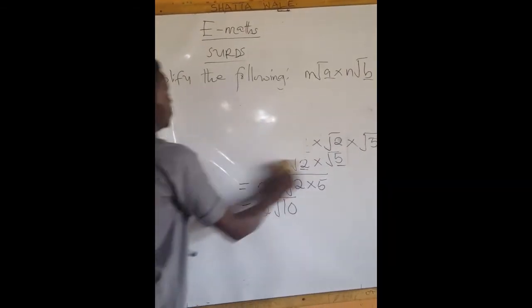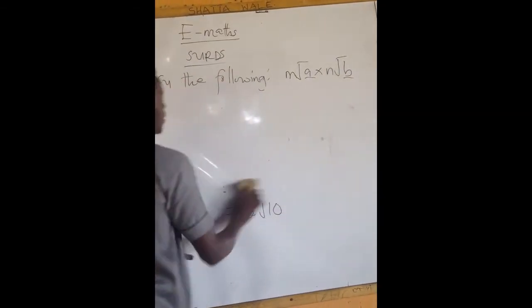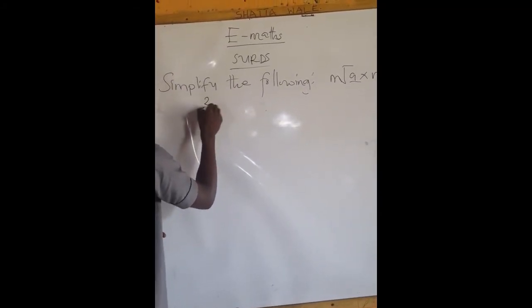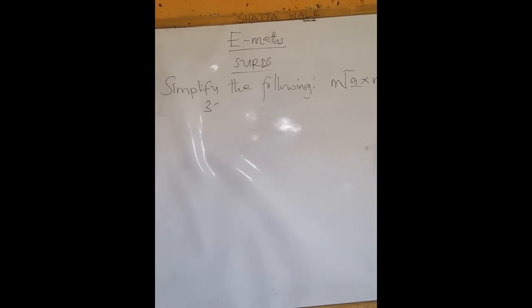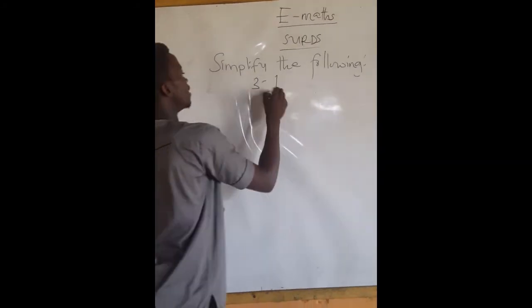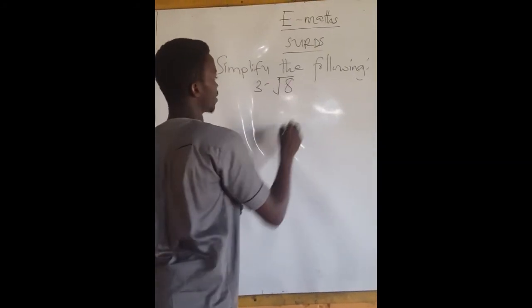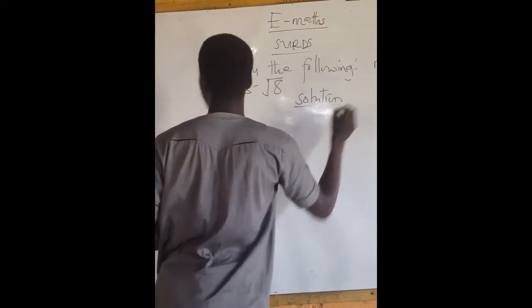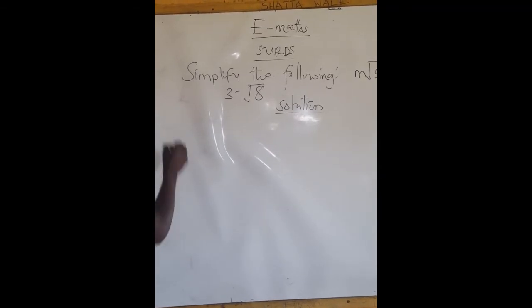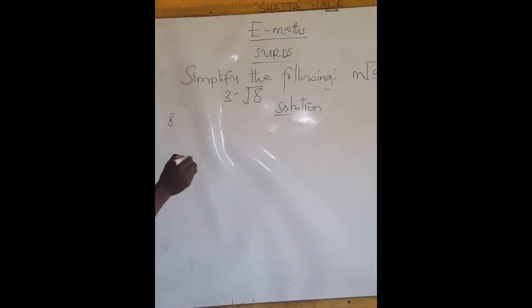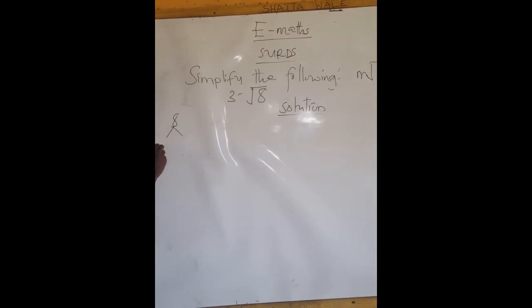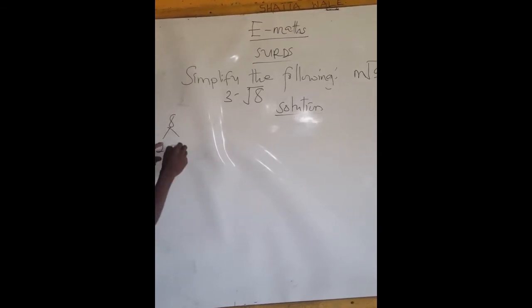Example number 3. We have root 8. Now using the same method, we divide 8 by prime numbers starting from the lowest. The lowest prime number is 2. 2 going into 8 how many times? 4.